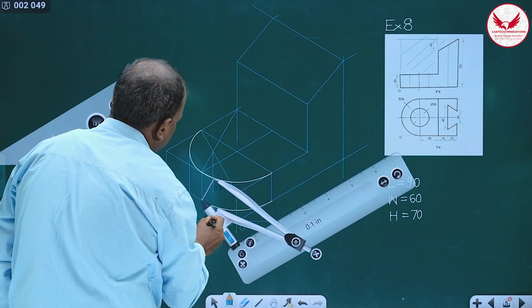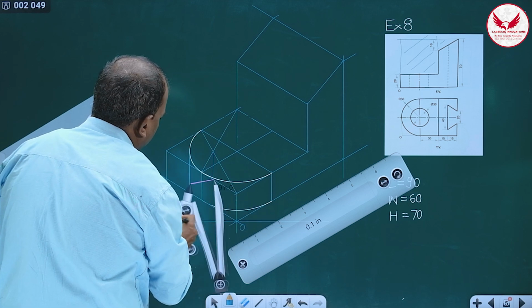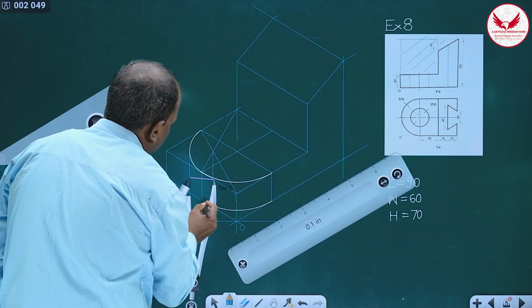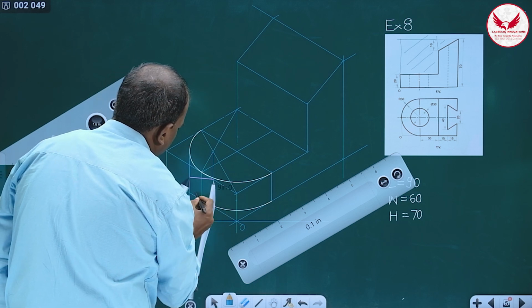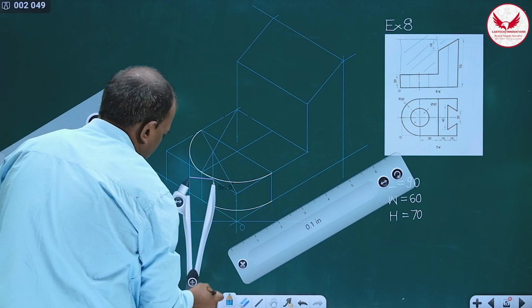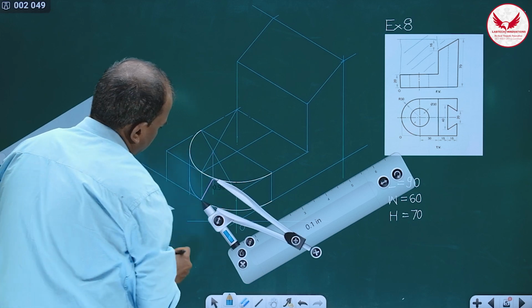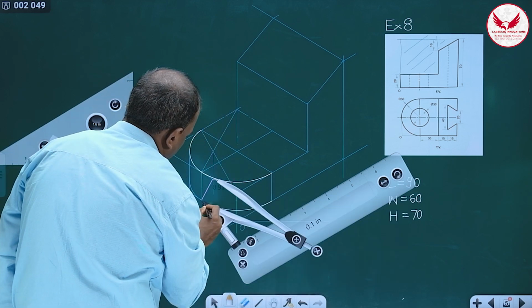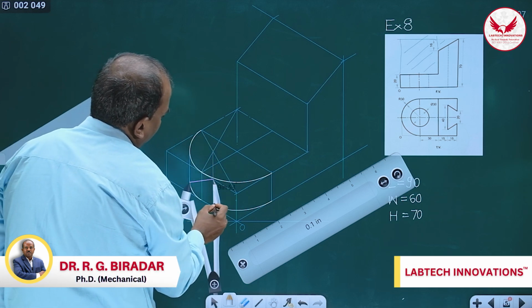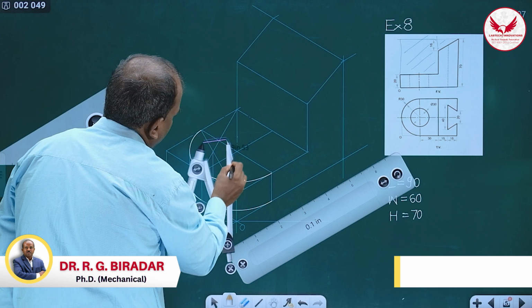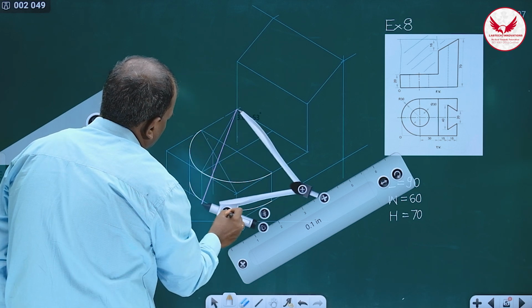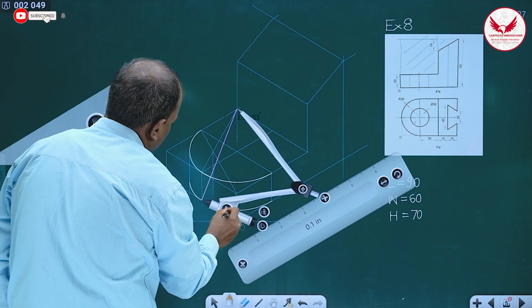From this the curve changes, and if we mark it, definitely it may touch this vertical line. So from this point to this point, up to that vertical, you have to mark it, and I think that earlier line became light. So make this quarter circular portion.